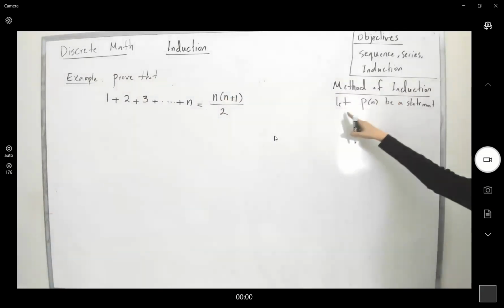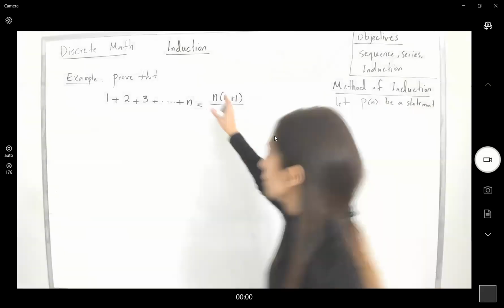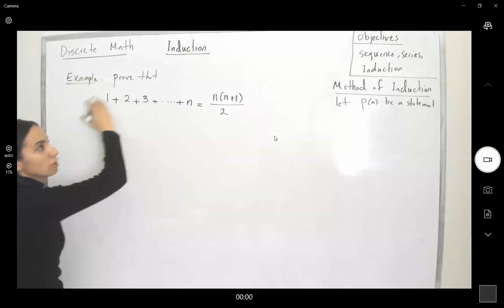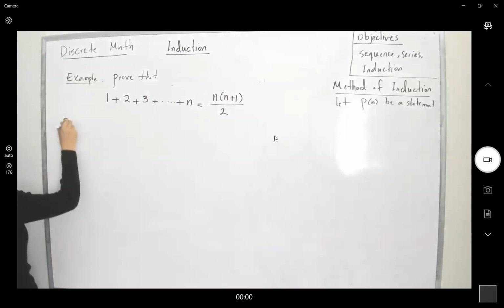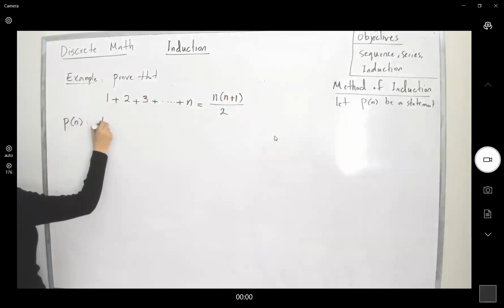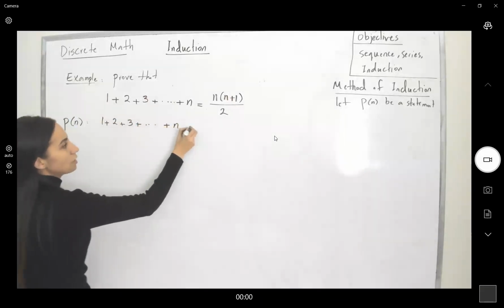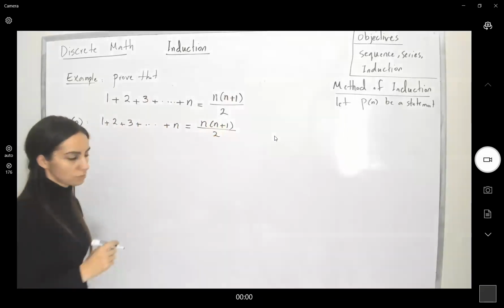So method of induction, let Pn be a statement. In this example, your Pn is the whole equality here. So this is Pn: 1 plus 2 plus 3 plus up to n is equal to n times n plus 1 divided by 2.